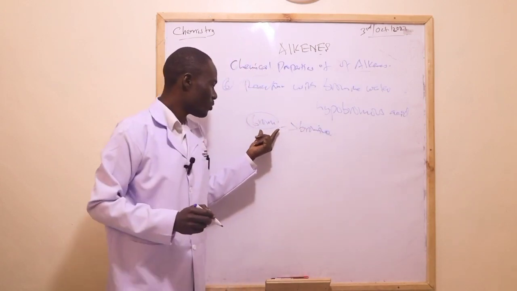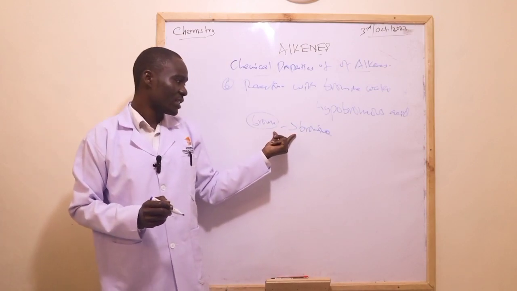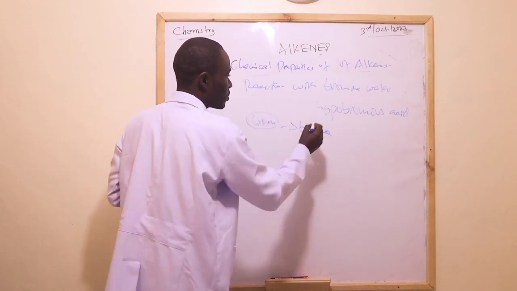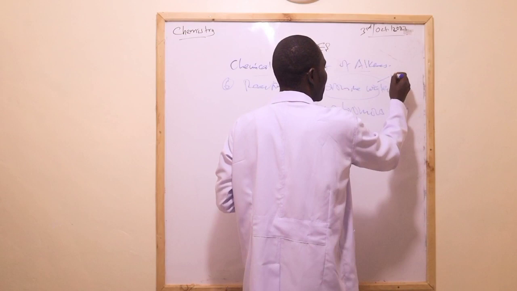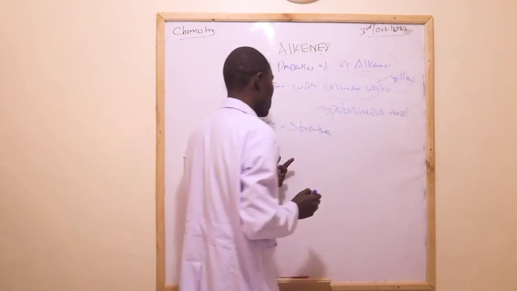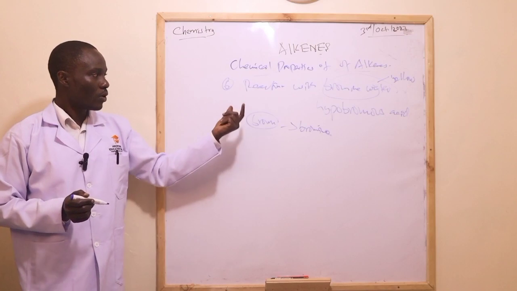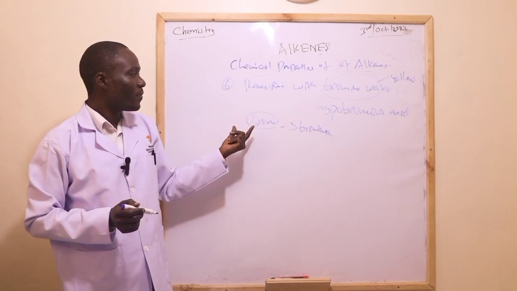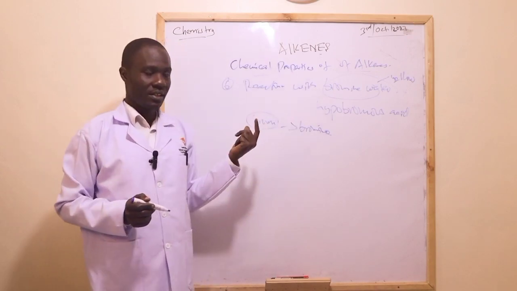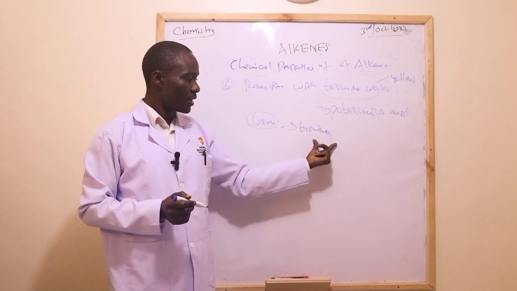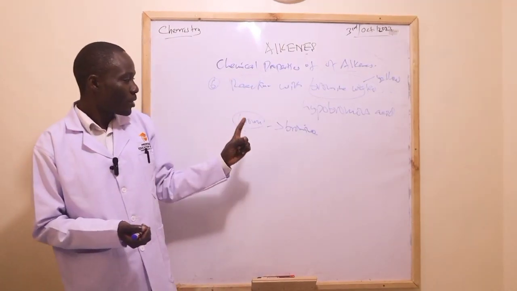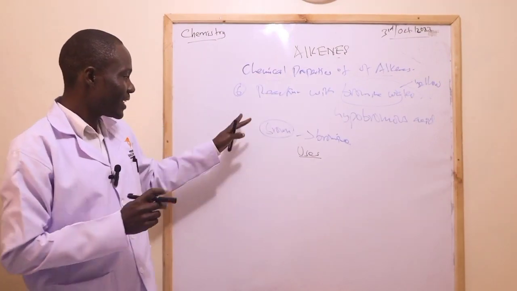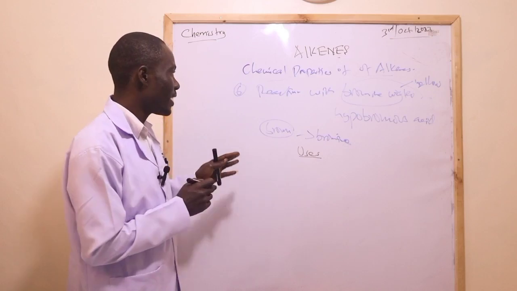But when you bubble bromine vapor or gas in water, it forms a yellow solution. So bromine water is therefore yellow. So when you add the yellow bromine water into any member of alkene, the yellow color will be decolorized after the reaction.